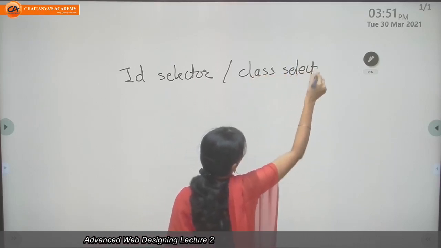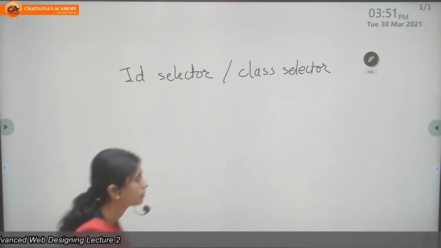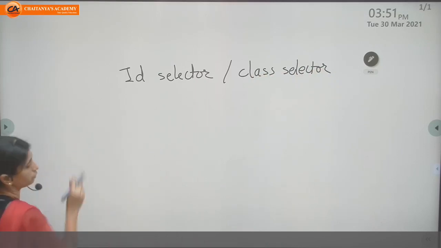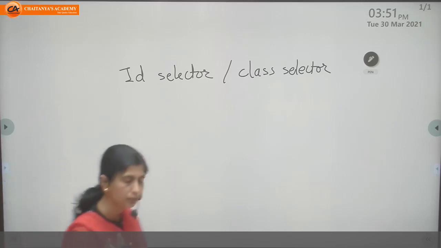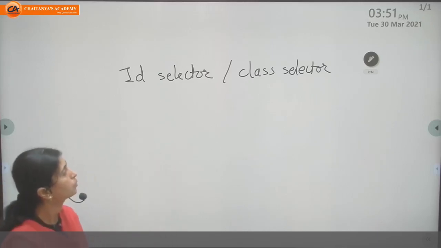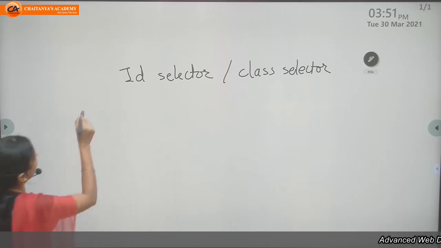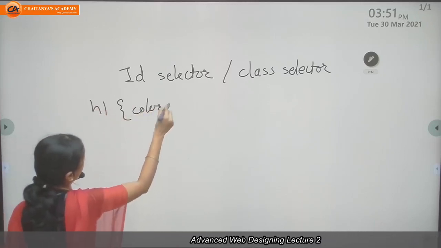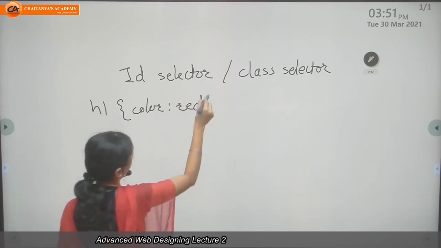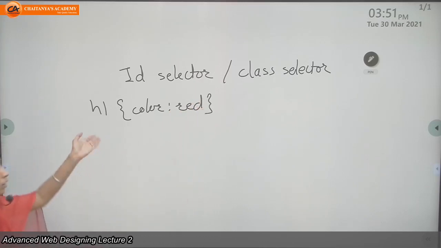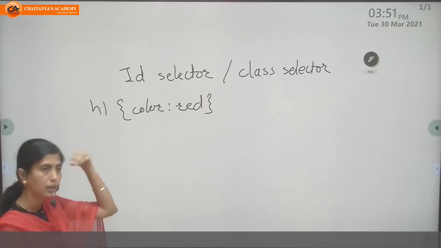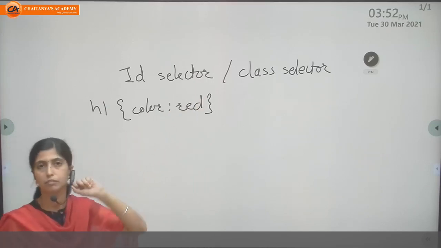Why do I need an ID or class selector instead of h1? If I write h1 color red, then whenever I use this h1 tag inside the body tag, every time the text color will be red.